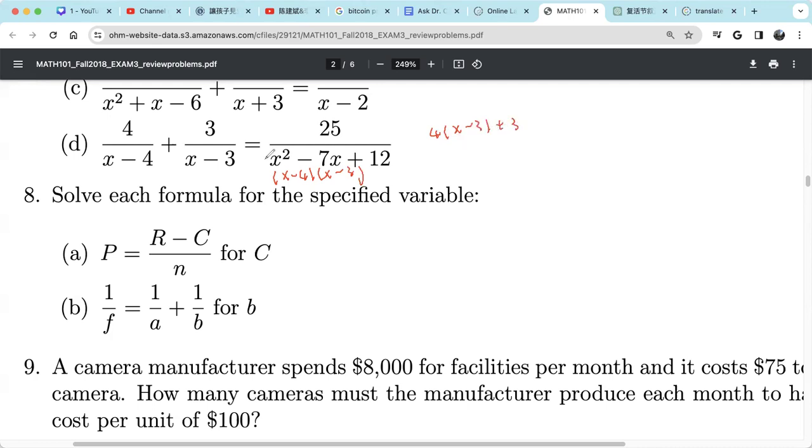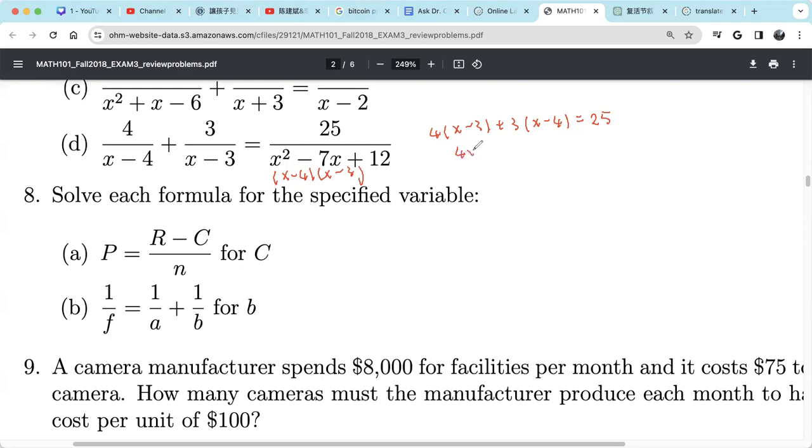Then plus 3, this term, when I multiply by this common denominator, x minus 3 divided by x minus 3 becomes 1, so I'm left with 3 times x minus 4. Then equals, well, the denominators are the same, so we're just left with 25.